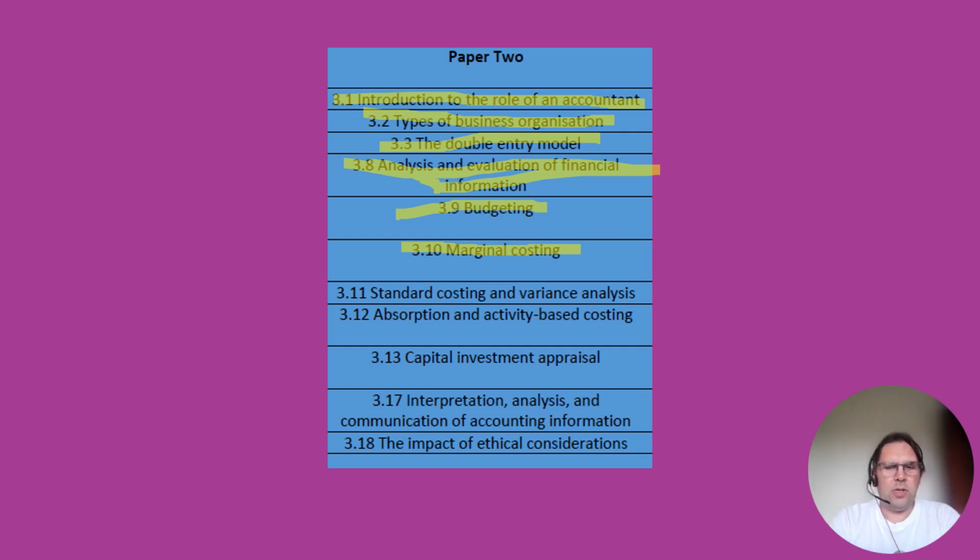They haven't come up that often, especially scarce resources, which came up in 2019 and hasn't come up since. I've done a quick video on the question for 2019. Definitely think that's due, and that could well be one of the big areas for this year. So 3.10, marginal costing, has got quite a lot of area and definitely something to focus on, but could be an essay, could be numerical, could be a number of things.